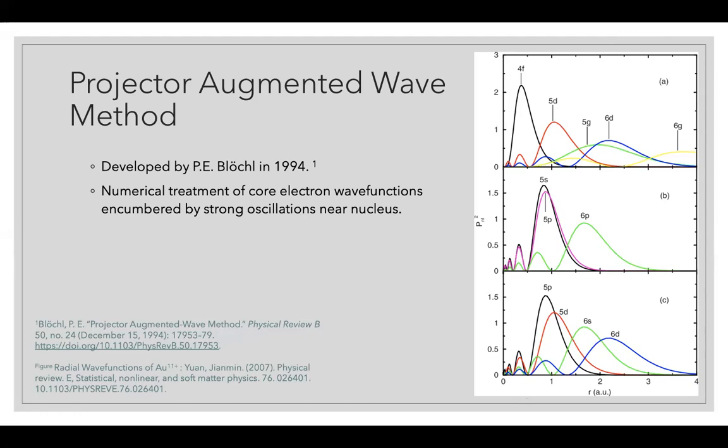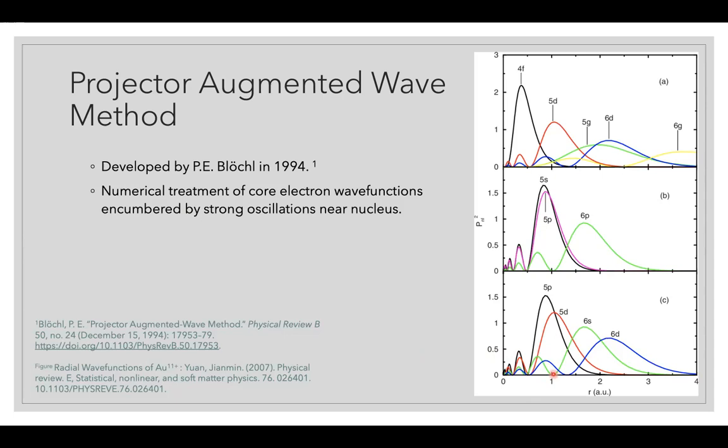As an example, I just included up there the radial wave functions of Au11+. You can see that as you get closer to the nucleus, when R is equal to 0, these oscillations get very heavy, and the number of nodes makes it very difficult for DFT calculations to keep up.